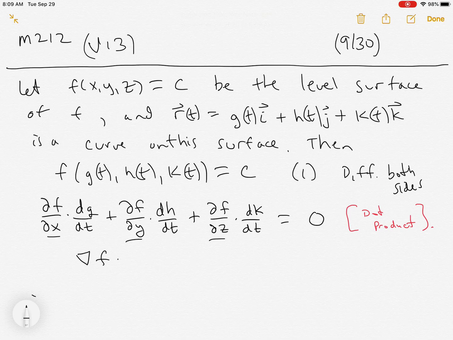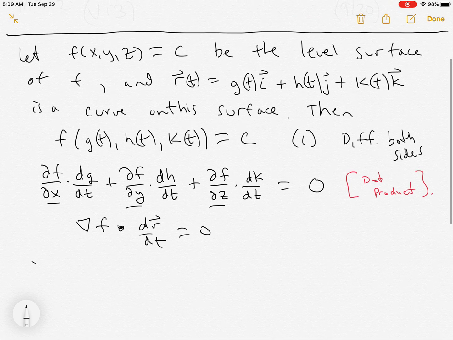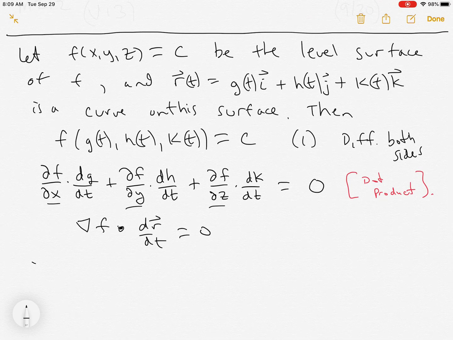And then dg dt, dh dt, dk dt, that's just the tangent vector, dr dt. And their dot product equals 0. Okay, it says they're orthogonal. And this is just any old curve in 3-space that we parametrized and is on this level surface.